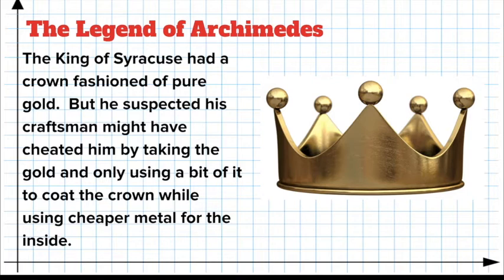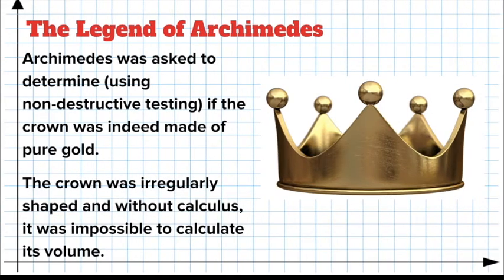When the crown came back, the king was suspicious that perhaps the craftsman had made off with some of the gold on his own, and the crown wasn't pure gold. Maybe it was just plated in gold or something. So Archimedes was given the task of determining, non-destructively, if the crown was pure gold or not.